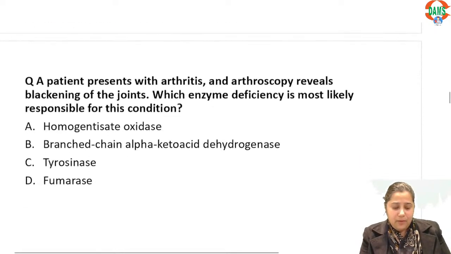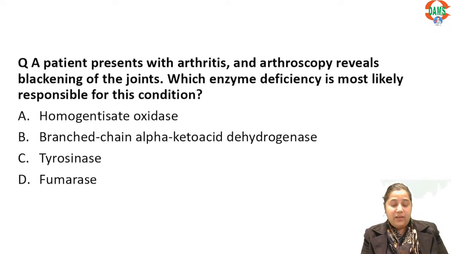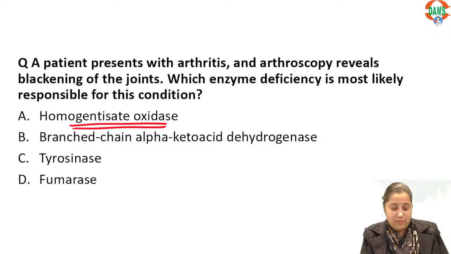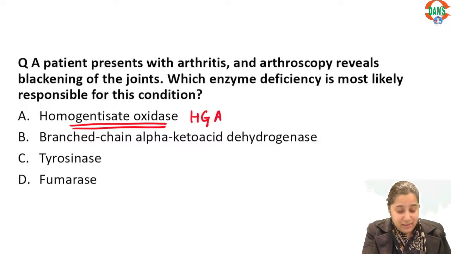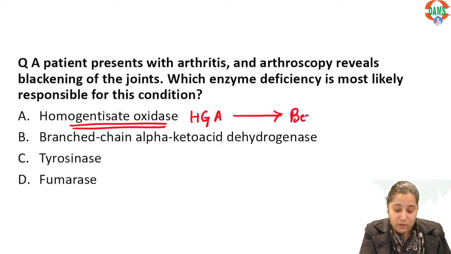Then, a patient presents with arthritis and arthroscopy reveals blackening of joints. Which enzyme deficiency is most likely responsible for this? I know you all have marked homogentisic acid oxidase deficiency. In this condition, homogentisic acid will accumulate, which is converted to benzoquinone acetate.